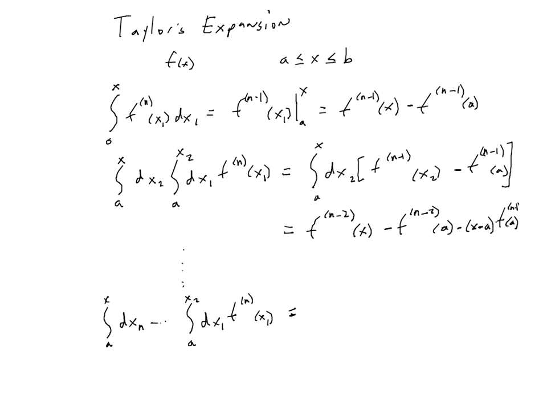And so when you do this enough times, eventually you're going to end up with this f of x is going to pop out, because you've just integrated it so many times that you're back to the function. And then you have the value of f at a, which is something you can measure, you supposedly know.